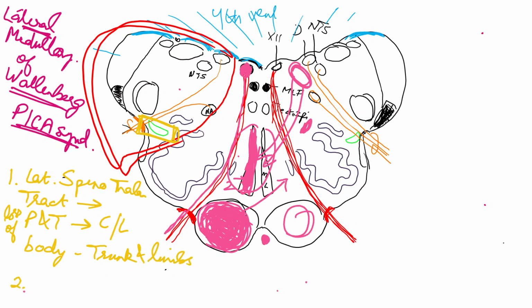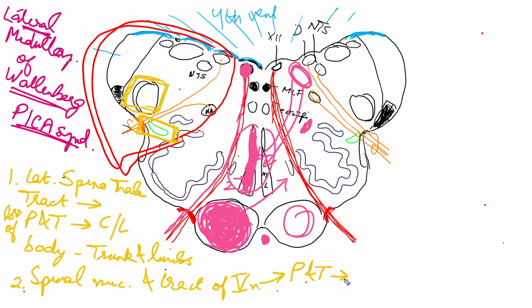Why do we need to differentiate? Because the second part affected is the spinal nucleus and tract of trigeminal nerve. This is also carrying pain and temperature, but from the ipsilateral part of face.